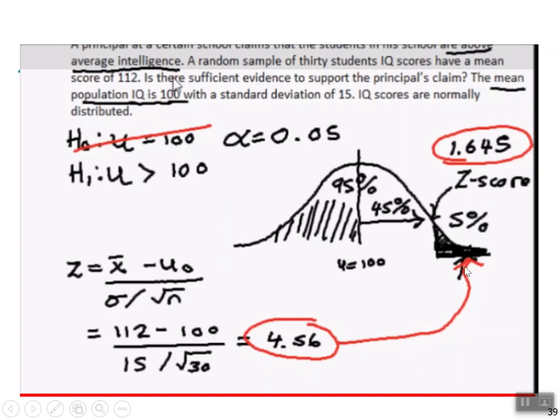Then we can see that our score falls into the rejection area, therefore we reject the null hypothesis and accept our alternative hypothesis that our students' intelligence is better than the general population's IQ.